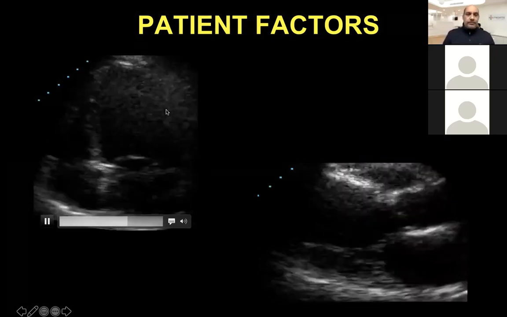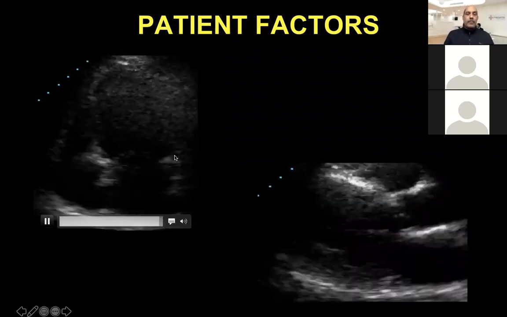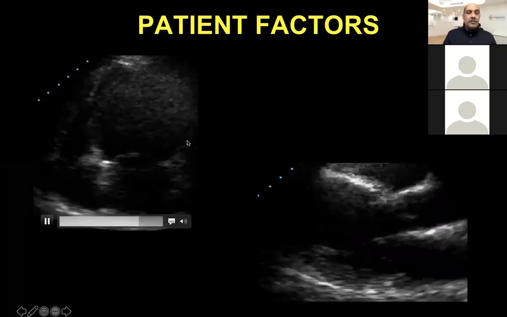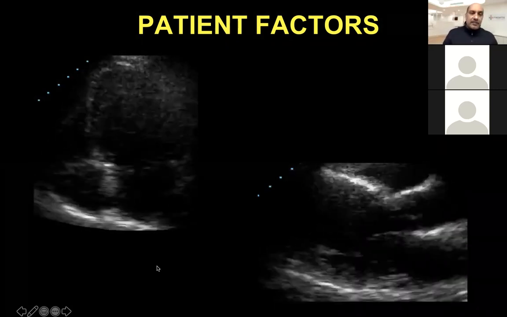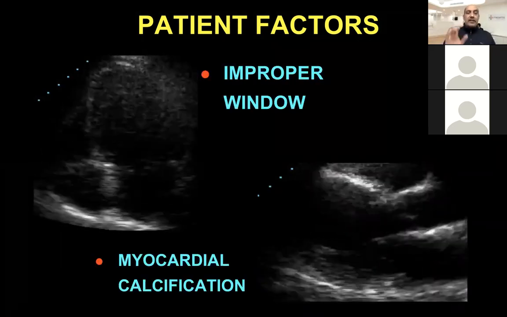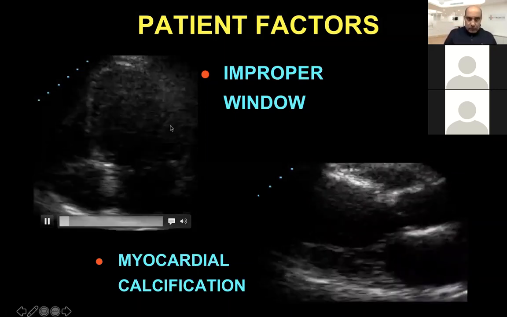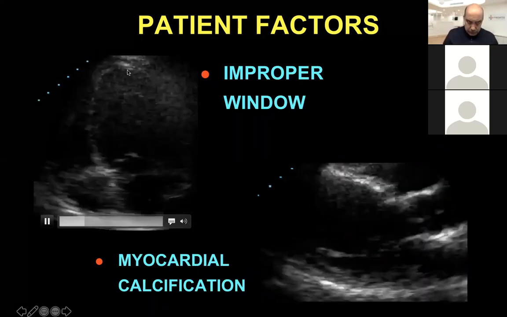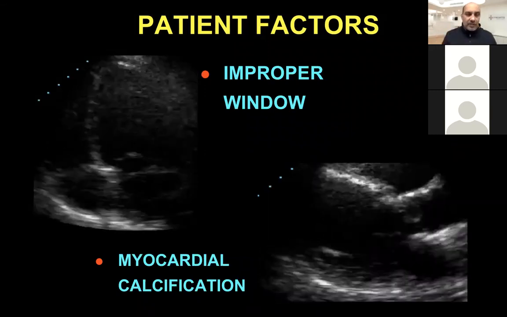Mind it, up to 5% of cases would have difficult windows because of obesity, because of the lung interfacing. And whenever we have such a situation, we should have the courage to say that the images are not visualized. Unless we look at the endocardium, we should not comment upon the contractility because the myocardium is not well visualized.